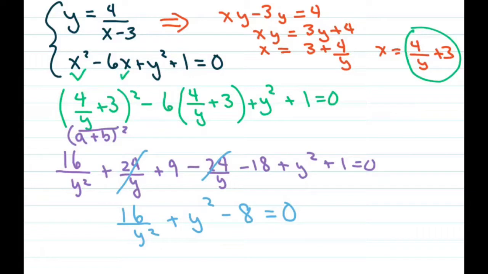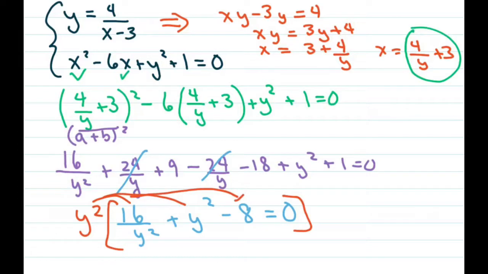The next thing I'm going to do is multiply everything by y squared to clear the fractions, distributing here. What you'll get is 16 plus y to the 4th minus 8y squared equals 0.